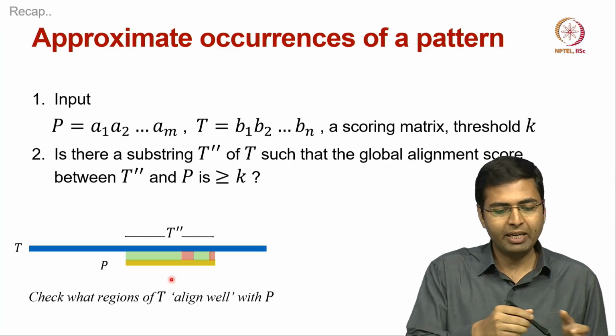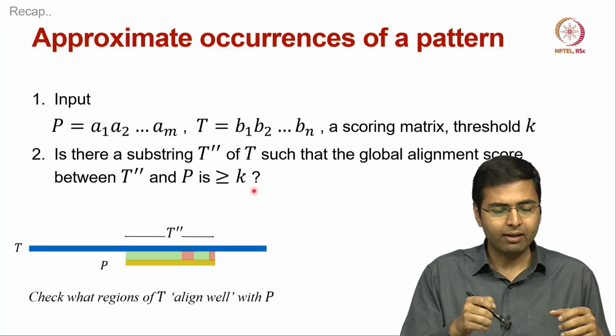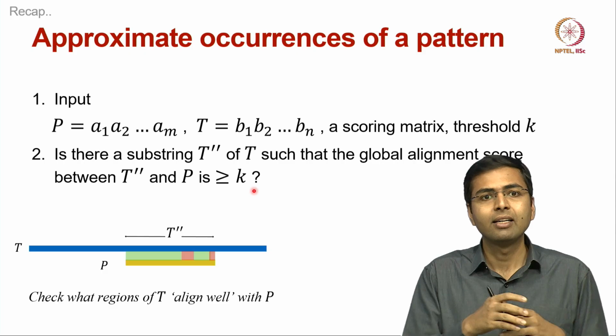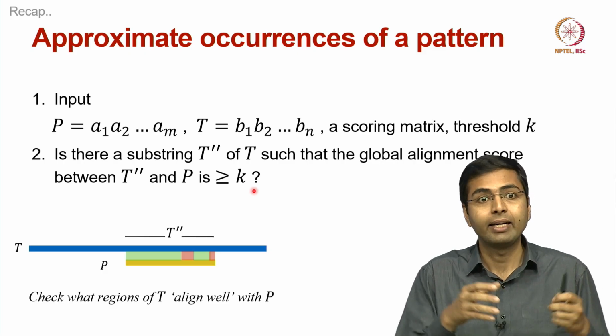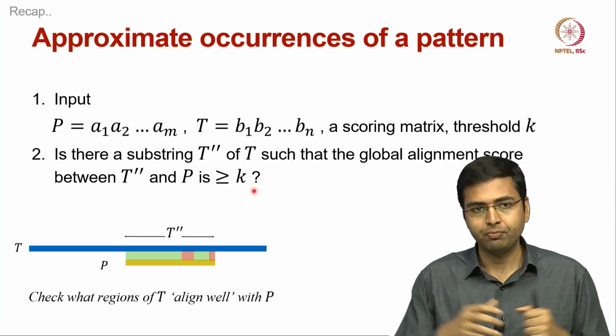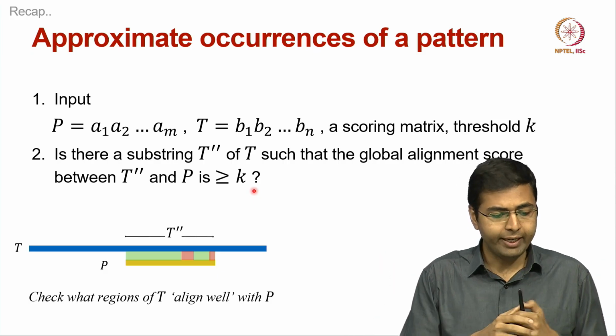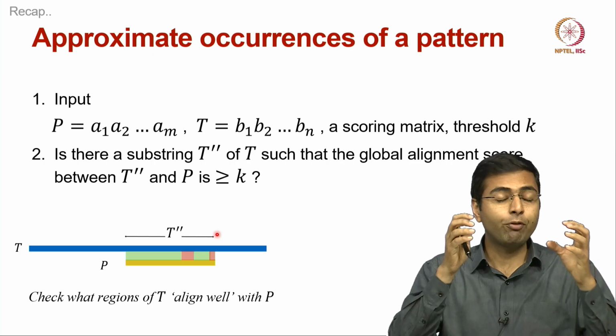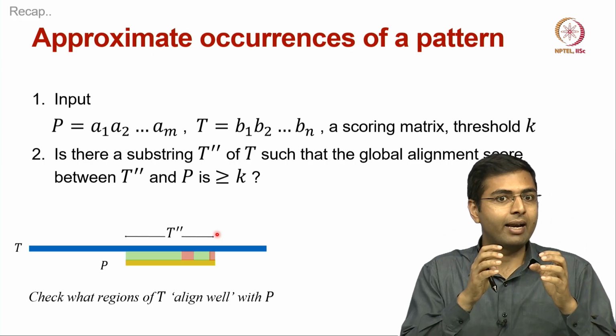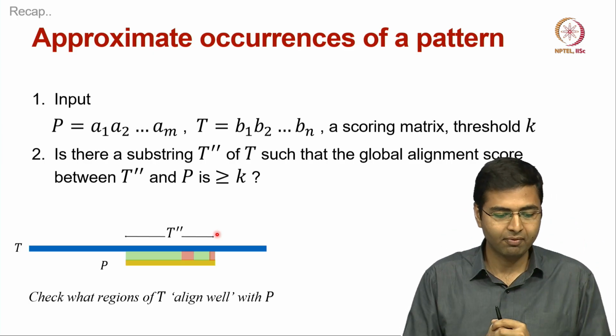That threshold can be given by the user, and if that threshold is exceeded, then we want to know whether there is an approximate occurrence of a pattern inside a large text or not. So, you can already see that in this formulation now we are looking for a segment or a region inside the text where the pattern aligns.